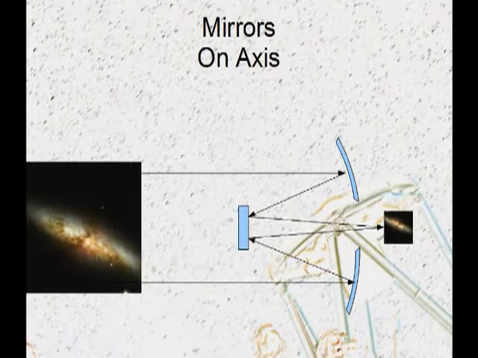Now, we can think of it as this piece of the mirror puts the image here, and this piece of the mirror also puts the image there. Okay? So I'll get to your comment or question in just a sec. So one question whenever someone sees an on-axis design like this is, well, is there a hole in the image?